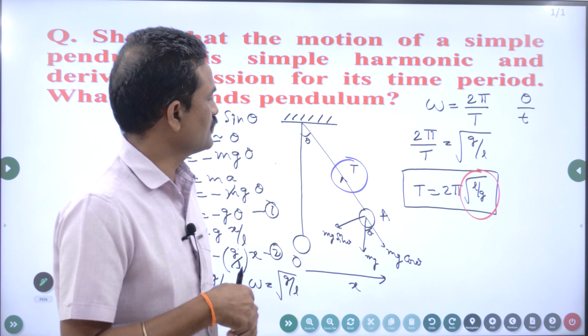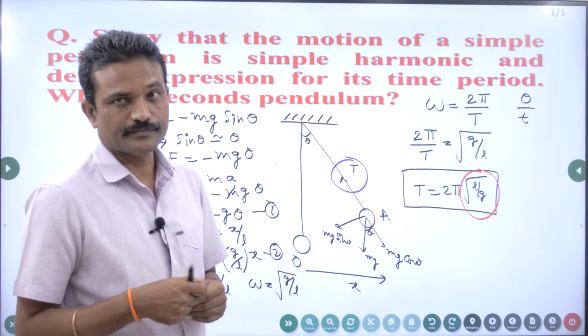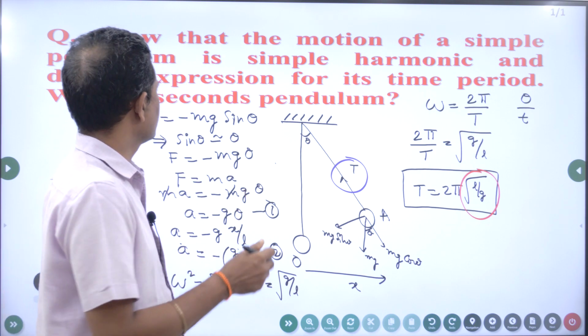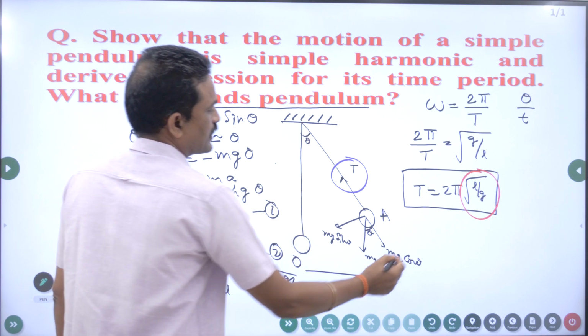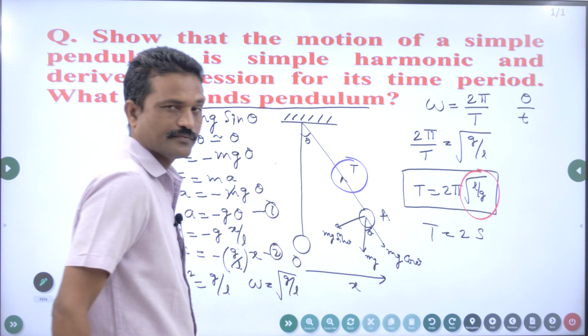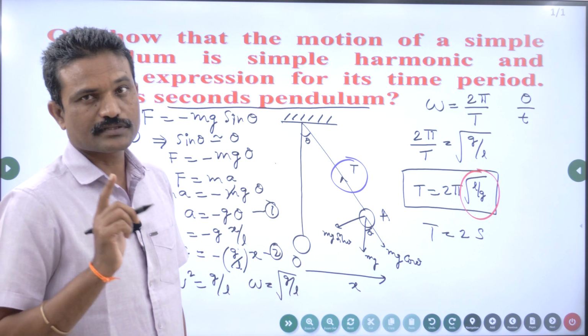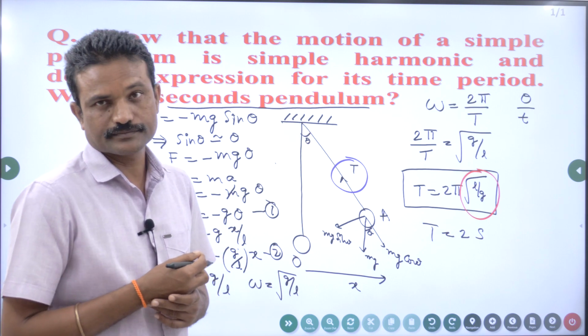For such a clock, we define a seconds pendulum. What do you mean by a seconds pendulum? A seconds pendulum is a pendulum whose time period is 2 seconds. A pendulum with the time period 2 seconds is called a seconds pendulum. So, that is the last part of the question.